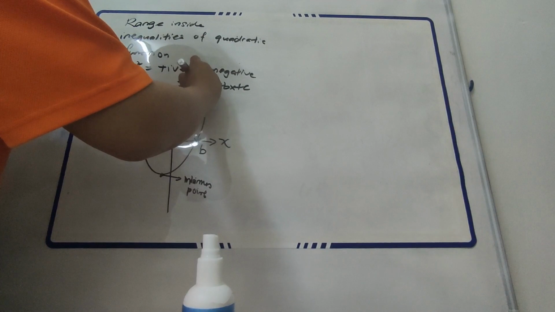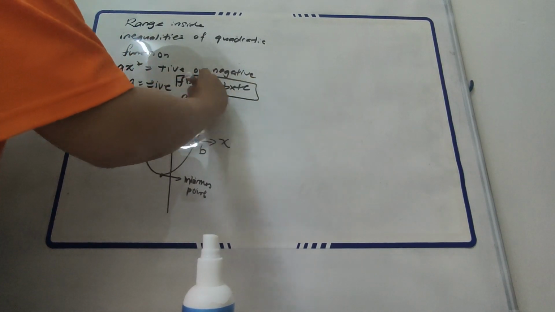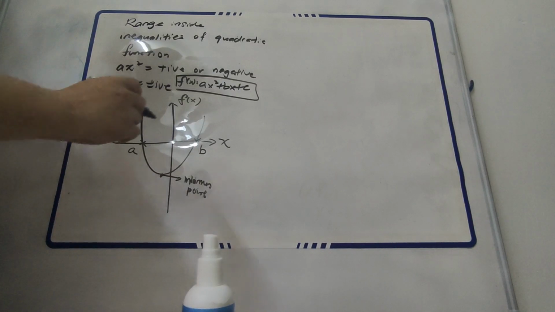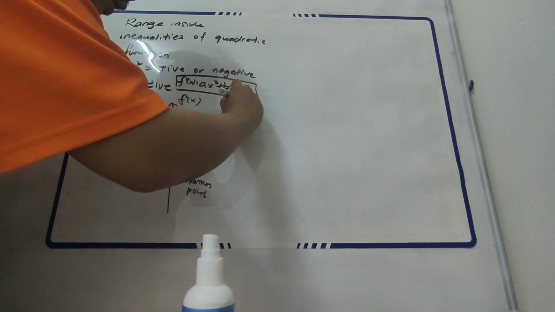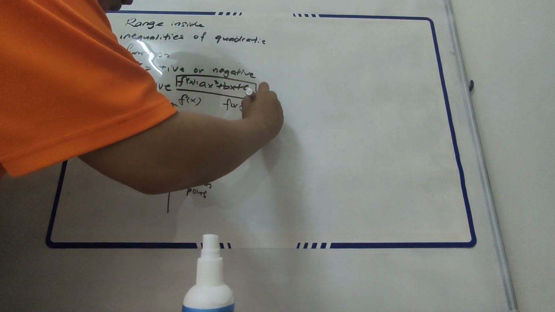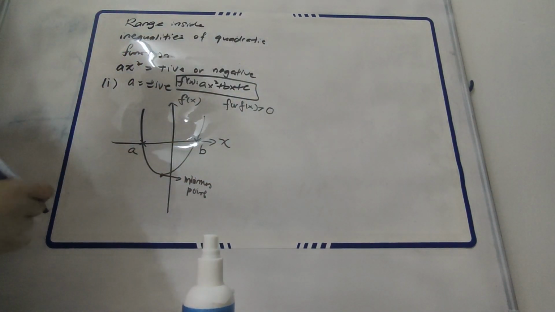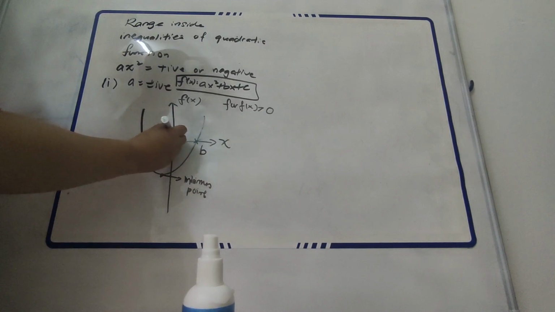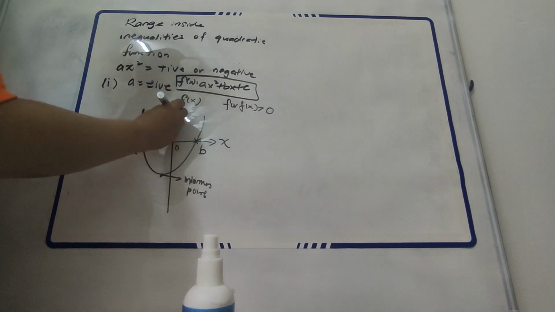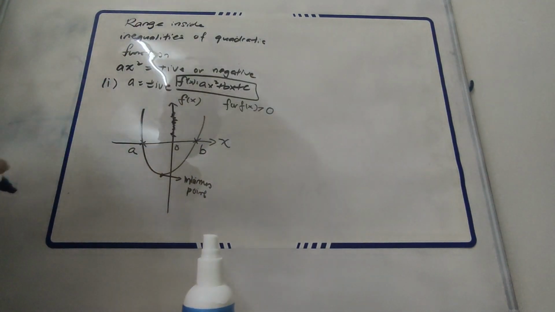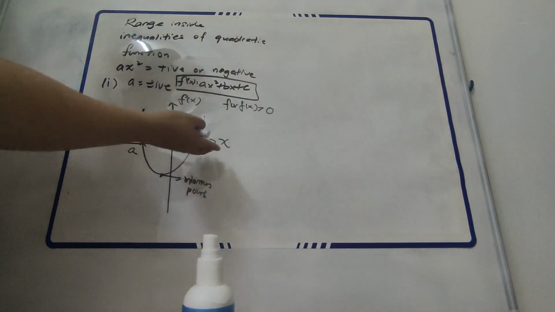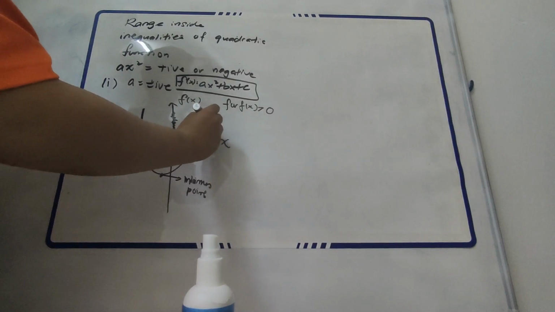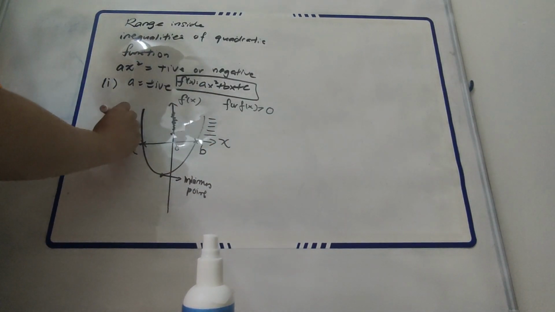So for f(x) bigger than 0, here is 0, bigger than 0 here, and then you need to see the range above the x-axis.